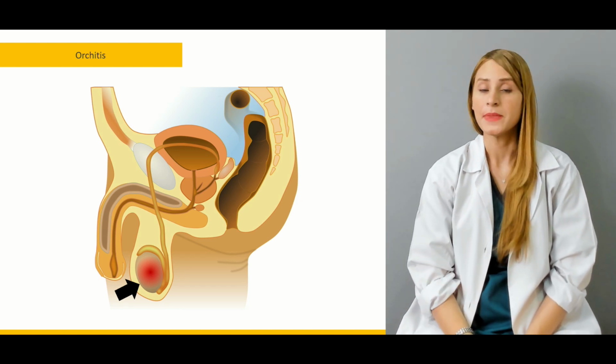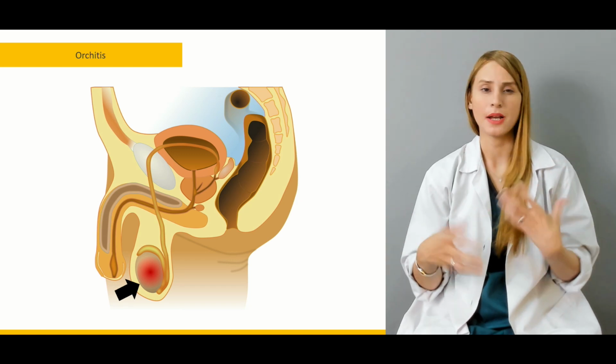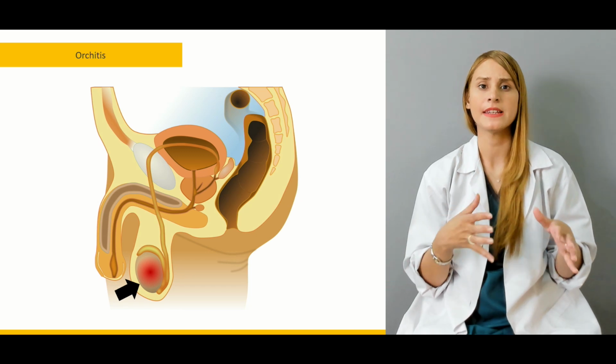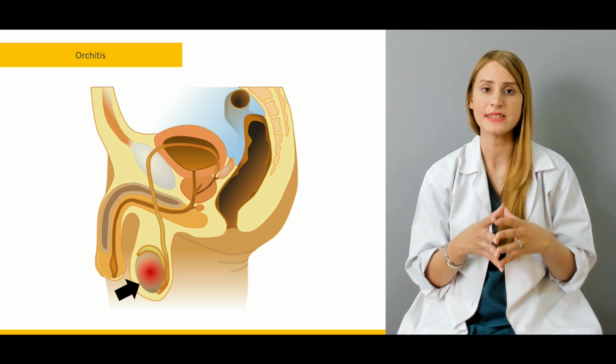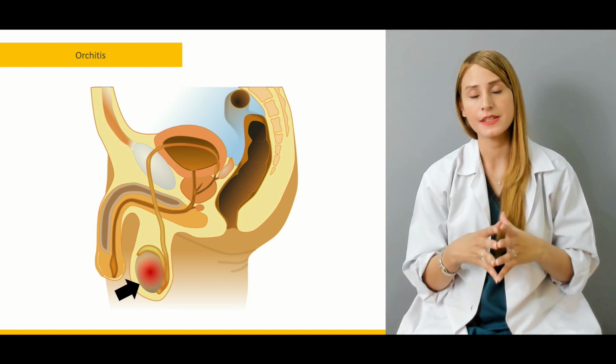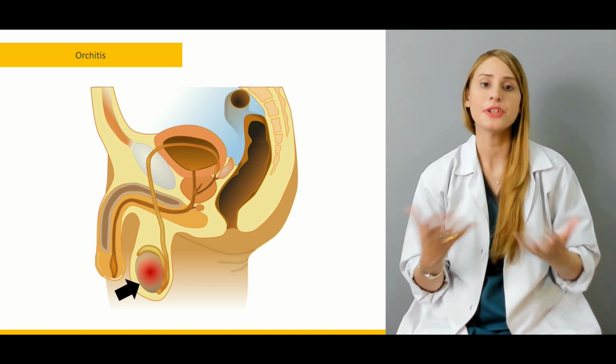So far in this lecture, we had discussed mostly the inflammatory process and the epididymal cyst and the spermatocele. In case of the smaller cyst, like if it's a spermatocele or the epididymal cyst, you can ignore them.